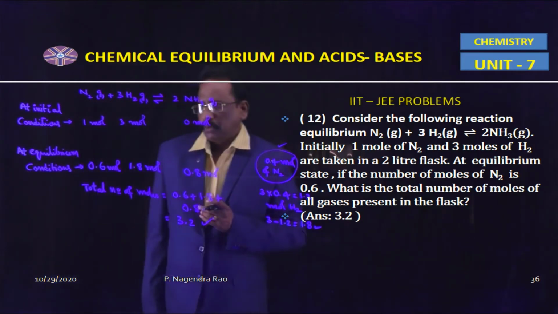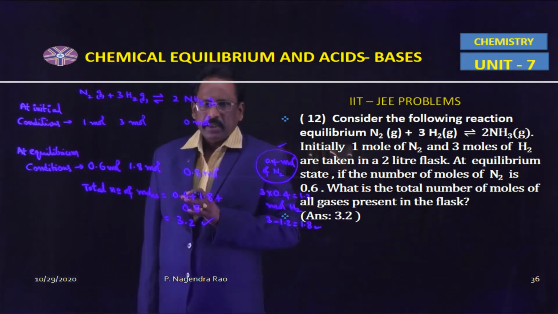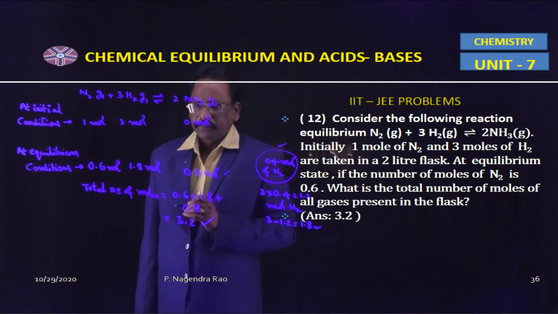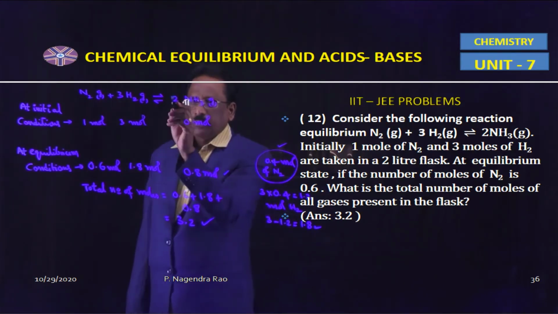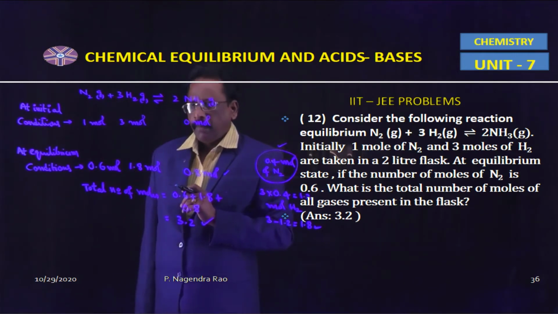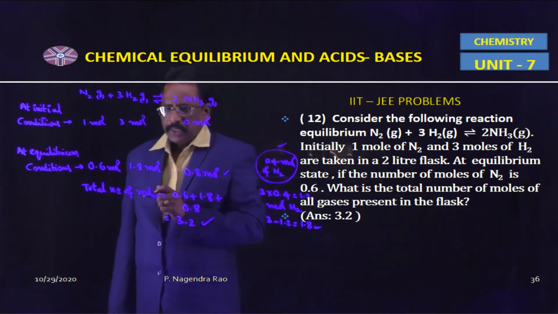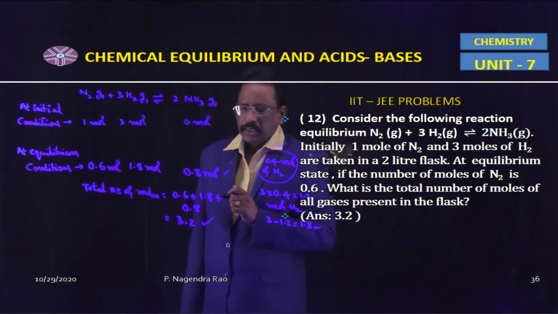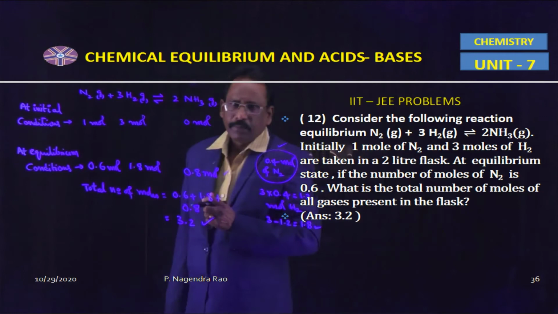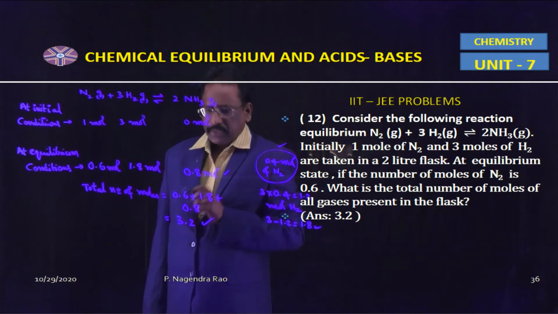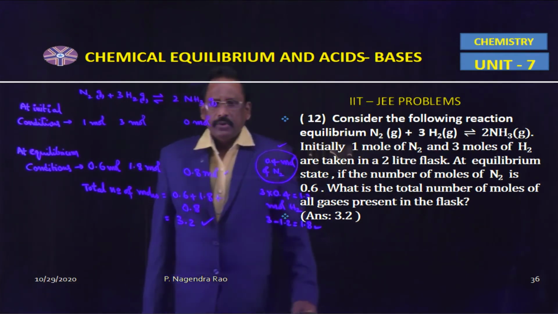So in this problem, at equilibrium conditions, the number of moles of ammonia gas formed is 0.8 mole. From the 1:2 relationship, the number of moles of nitrogen and hydrogen remaining is 0.6 and 1.8 respectively. Therefore, the total number of moles of all gases present in this closed vessel is equal to 3.2 moles.